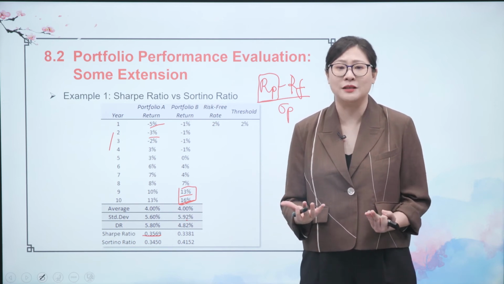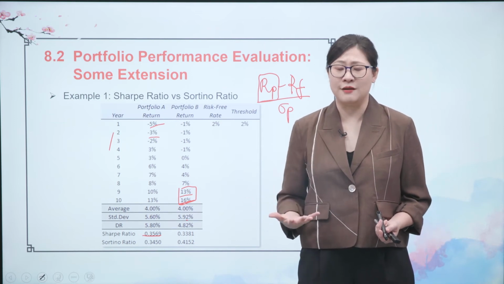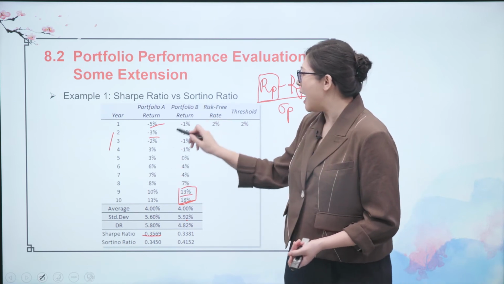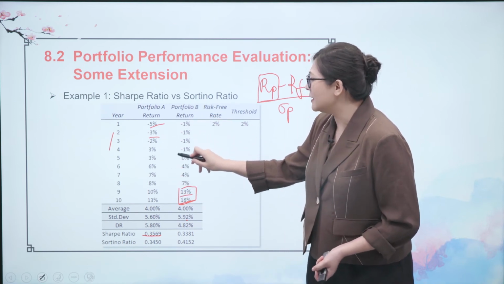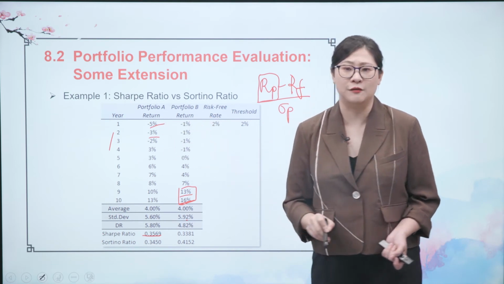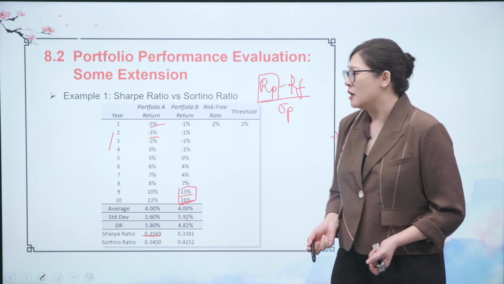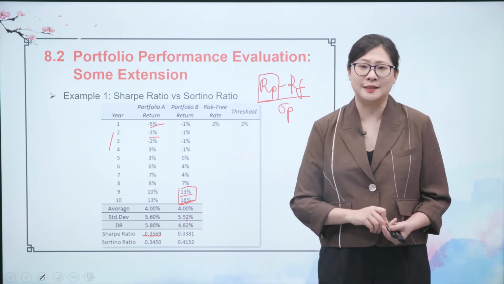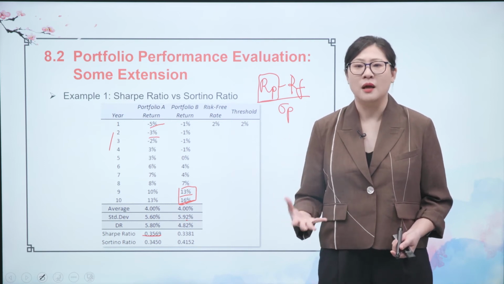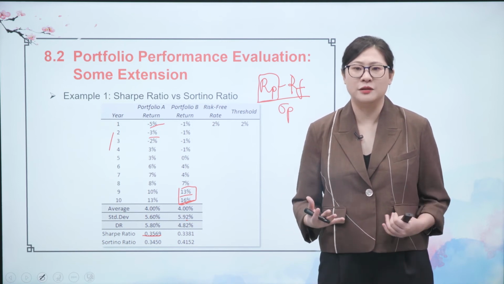So definitely from the view of the investor, portfolio B is much better than portfolio A, and on the downside here, we do not experience that sharp decrease in the stock return. So in this case, if you consider the Sharpe ratio as the measure of portfolio performance, it is not better. So we consider the Sortino ratio.